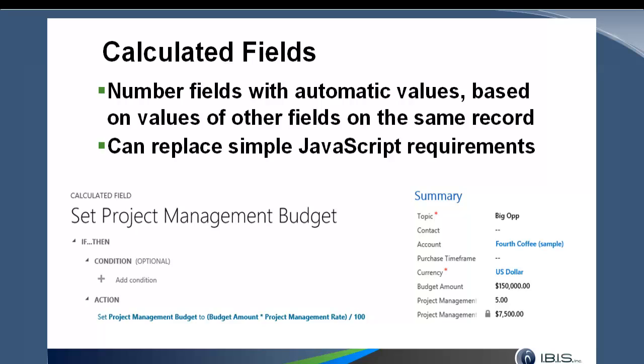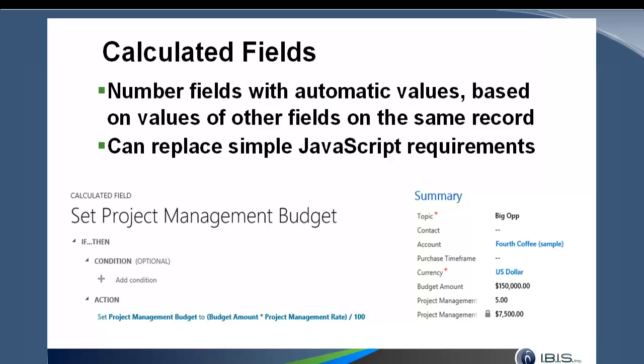But a calculated field you define at the field level instead of at the form level. And that ensures us that it can happen in the background, basically like a plugin. So the calculated field editor gives us a pretty simple interface similar to the business rule editor.